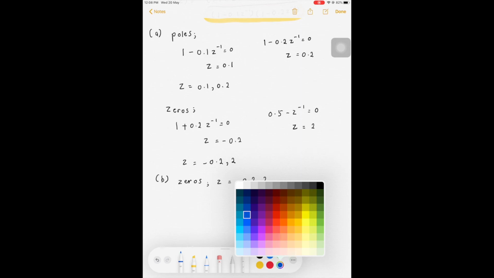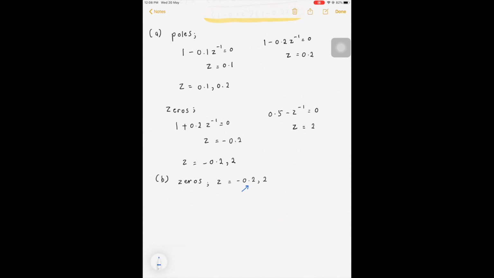So you have two values. From these two values, you know that one of the values is inside the unit circle, which is less than 1. Another value is outside the unit circle, which is greater than 1.